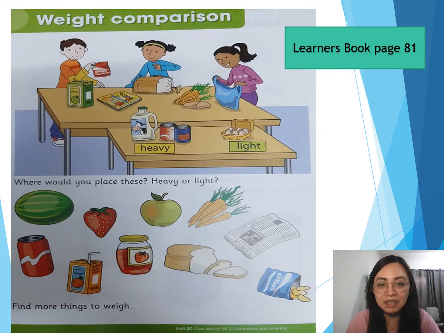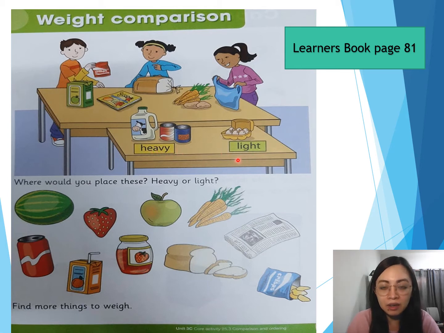So first thing that I want you to do is open your Math Learner's Book on page 81. Okay, have you seen this page? We observe that in the picture, we have here the weight comparison. These are the objects that are heavy, like the gallon of milk and some cans of food.